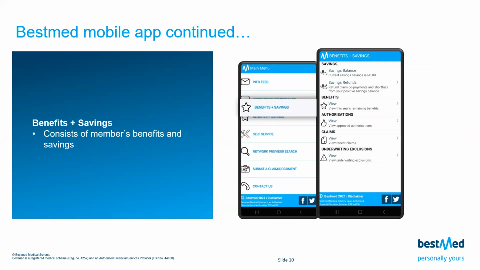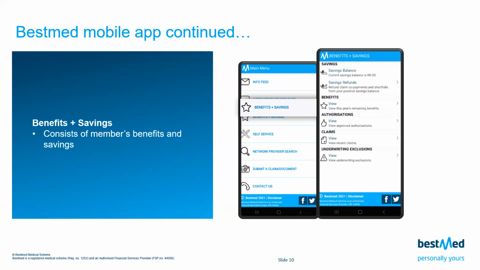The next very important heading on the app is your benefits and savings. Once you click on benefits and savings, you will see a whole new world opening for you. You will be able to see your savings balance.